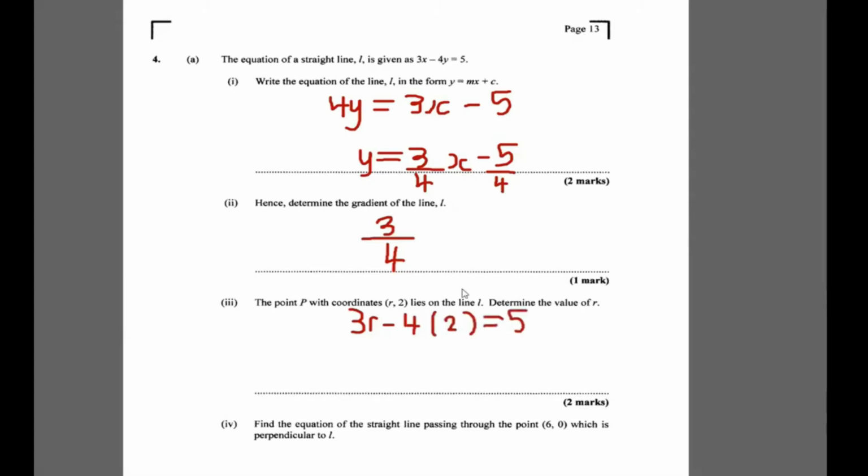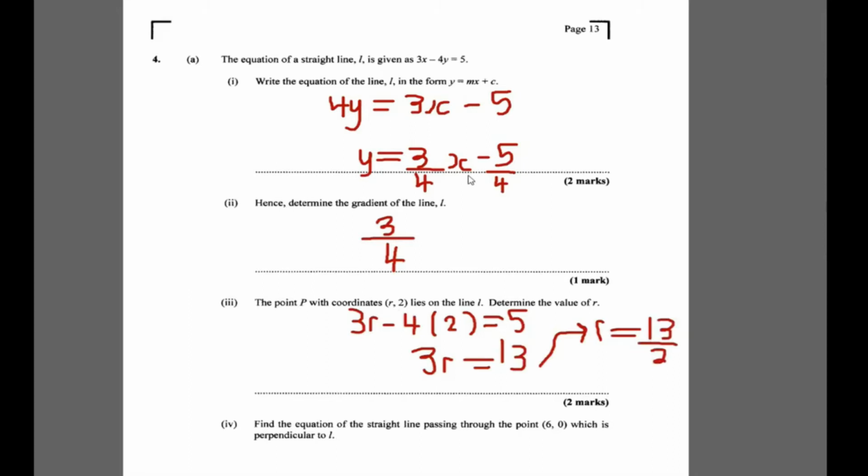And so if I bring over that side, I'm getting 3R is equal to 4 times 2, which is 8. So I'm going to add 8 to both sides to get 13. And then I divide both sides by 3 to get that R is equal to 13 over 3. That's the value for R, 13 over 3.